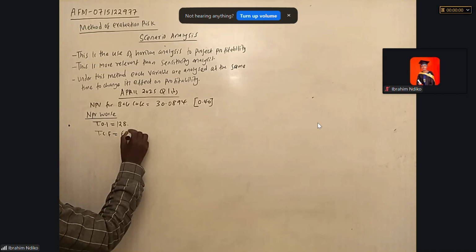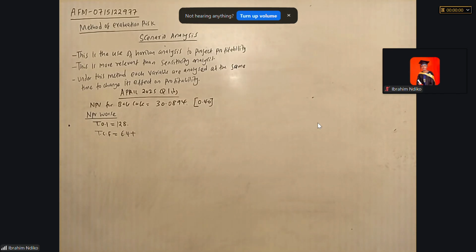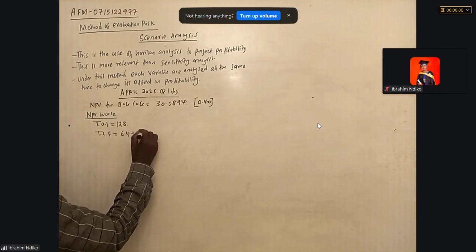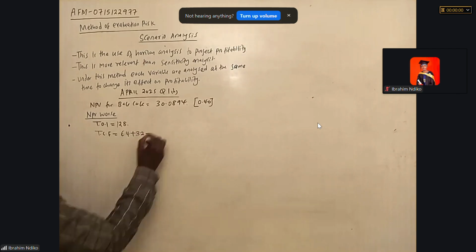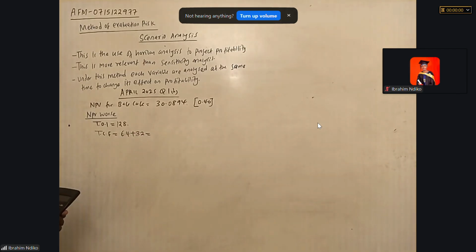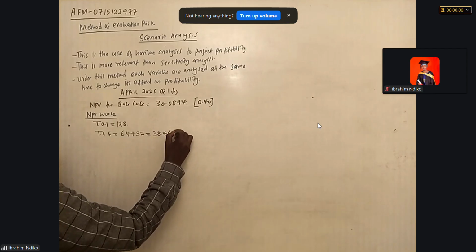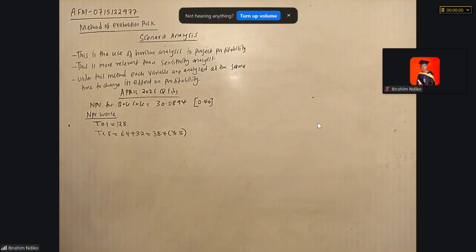Then we are supposed to add the salvage value of that machine. The salvage value will be the same, which is 32 million. So the total will be 32 plus 6.4.